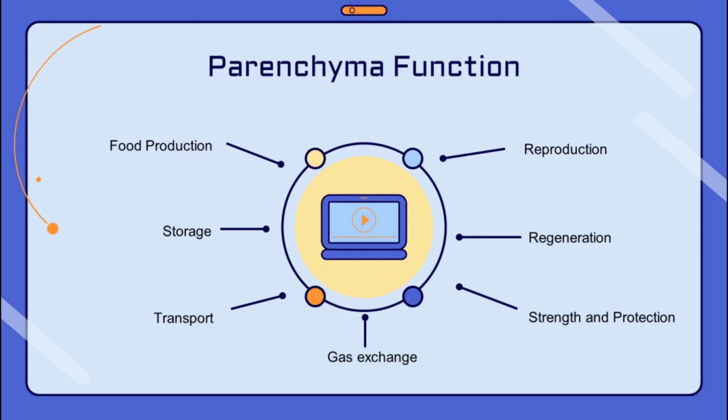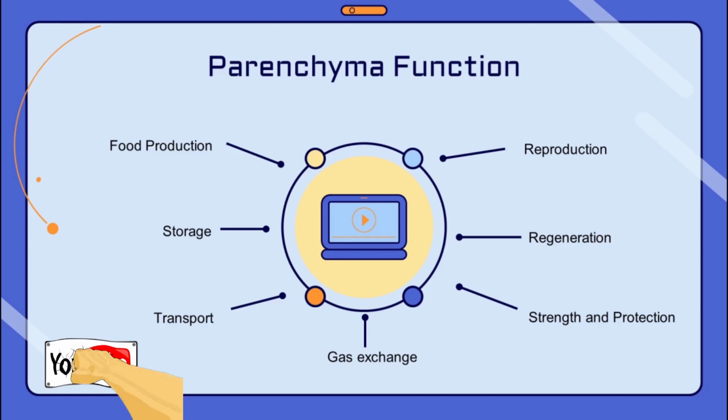Functions. Based on their structure and location, parenchyma cells are classified into many different types, each performing specific functions as follows. Food production. Chlorenchyma, present in green parts of the plant, contains the green pigment chlorophyll that helps in food production by photosynthesis.